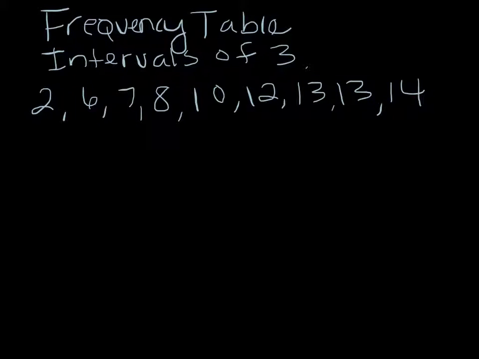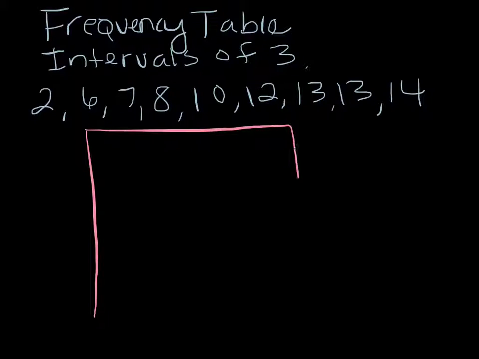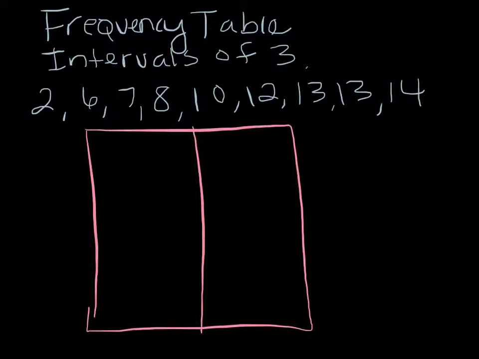Alright, we want to make a frequency table with intervals of 3. Remember, if the data is not already ordered, you want to order it before you even start. In this case, I already ordered the data for you. Okay, your labels, whatever the data is, go up here. This would be your intervals.